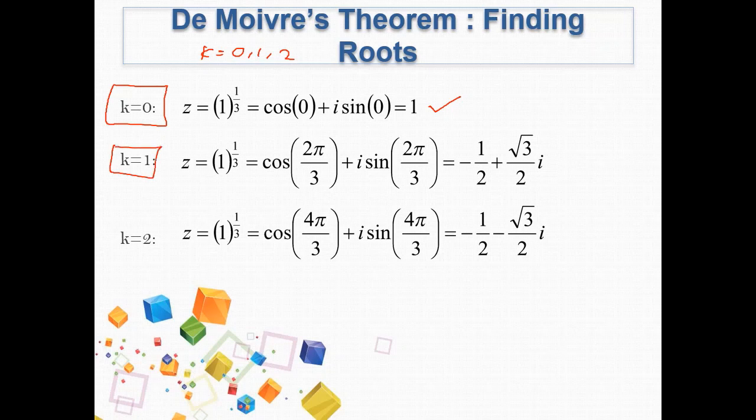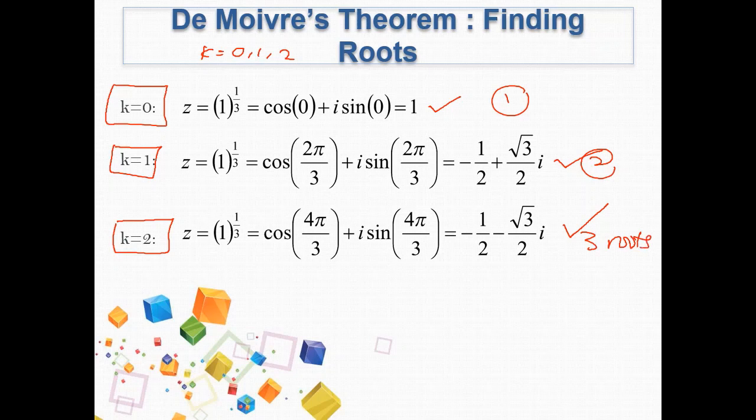Next is for 1. When you substitute k equal to 1, you have 2 pi over 3. Same as this, substitute into the calculator, you have this. Alright, and the last one is for k equal to 2. When you substitute this into your calculator, you should get this answer. Alright, so how many roots do you have? You have 3. 1, 2, 3 roots.